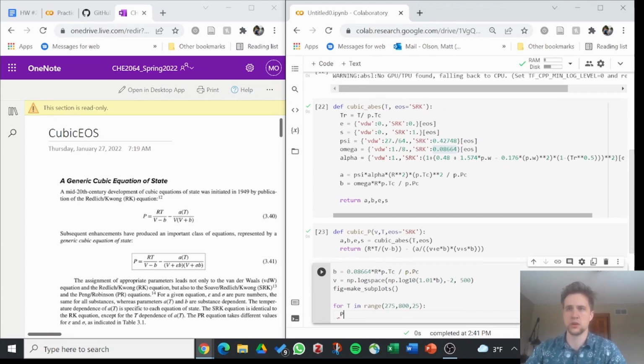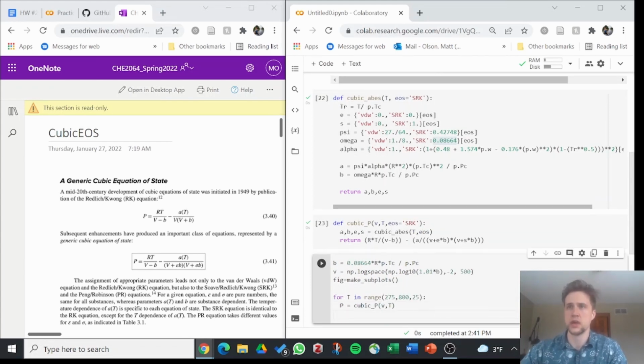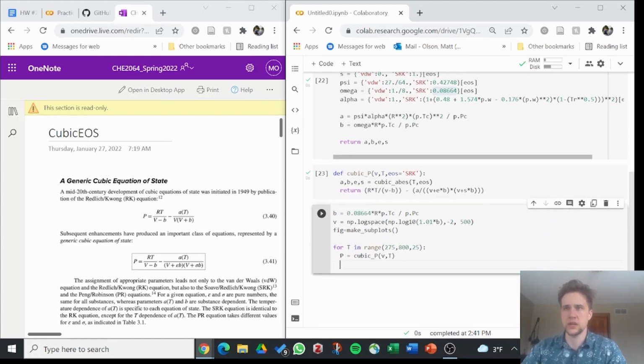And then what is it that we're concerned with? Well, we would like to know the pressure at each respective temperature there. So when temperature is 275, when it's 300, so on and so forth, it keeps running through and telling us what the pressure is at each temperature there. So we are dealing with our volume and our temperature. And then, let's see, what else would we like to add?